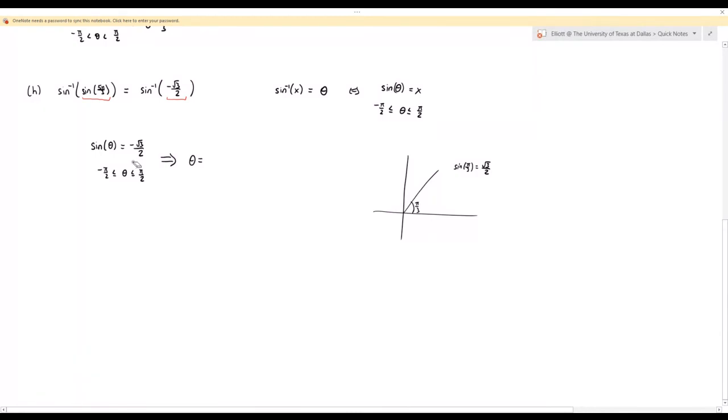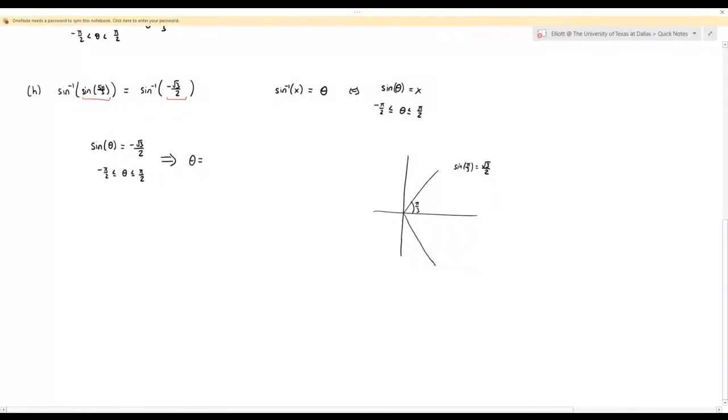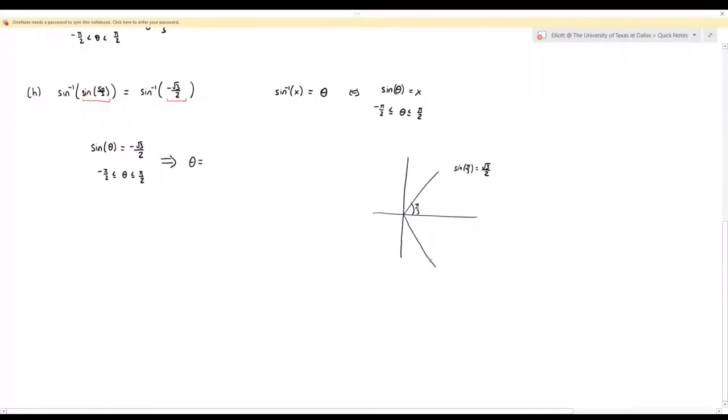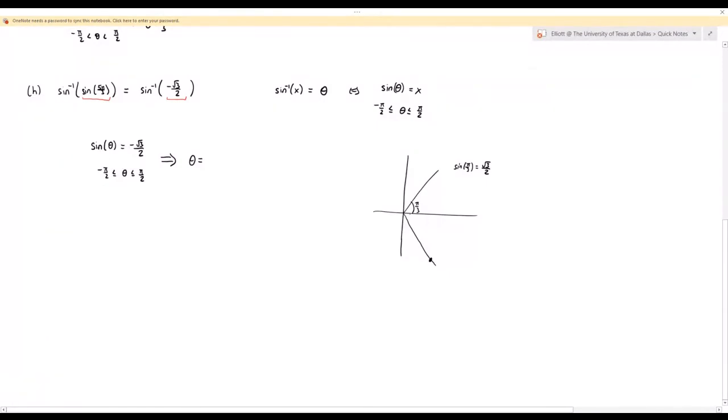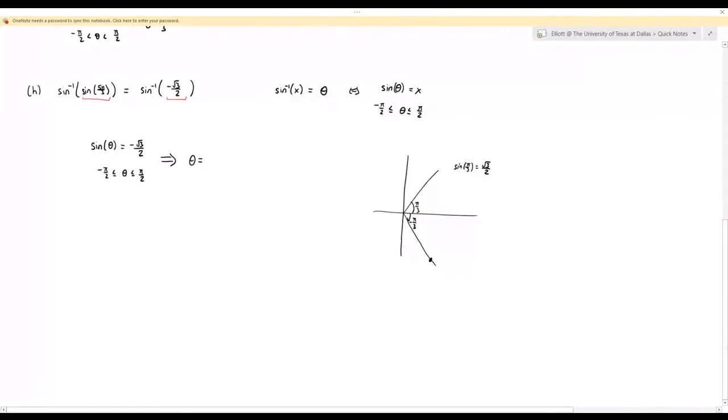But if I want sine to be negative root 3 over 2, I would need to go down into the fourth quadrant for that. So if I go clockwise at an angle of pi over 3 as well. Remember that going clockwise makes the angle negative. So if we go clockwise pi over 3, that gets us to the angle minus pi over 3.